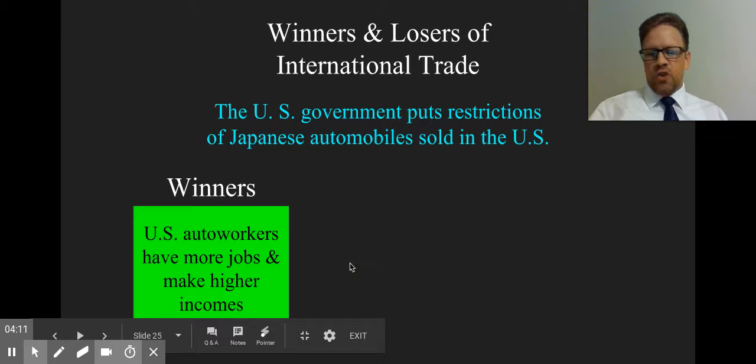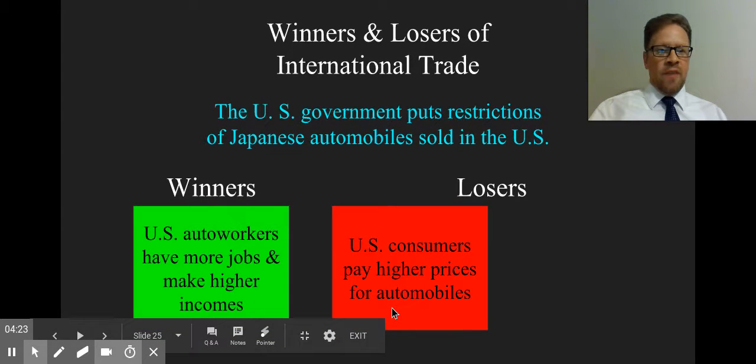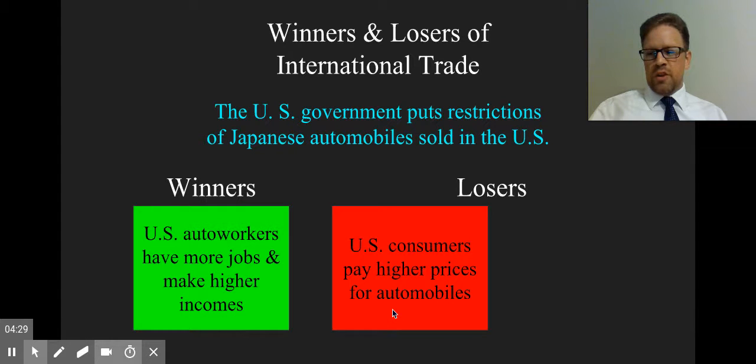Although anytime you have trade, you also have a loser. So, American consumers will actually pay higher prices for automobiles due to the decreased foreign competition. The fact that you don't have as many Japanese options anymore means you'll have to pay higher prices for those American automobiles.